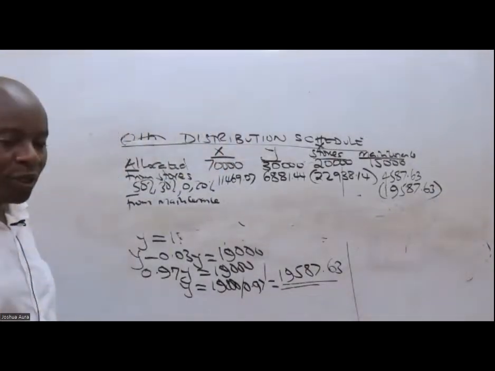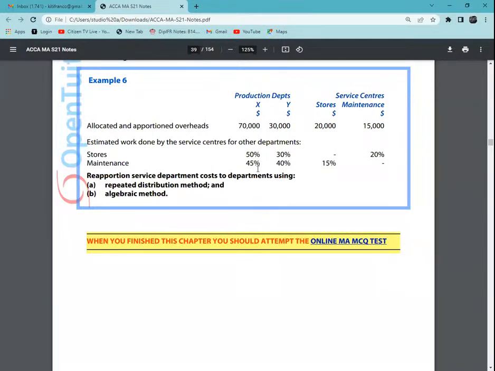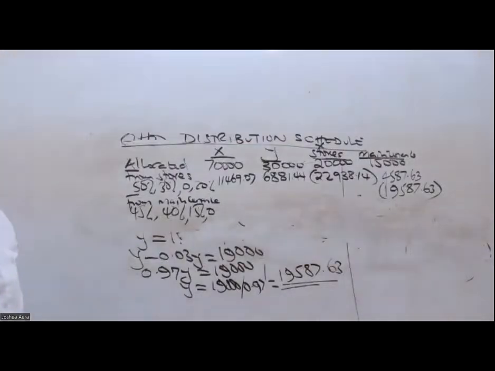Using what percentages? We have 45%, 40%, and 15%. Of course, the very last one is 0, so it doesn't have a lot of weight there. So give me 45% of that figure. Nasri is giving me 8,814.43.